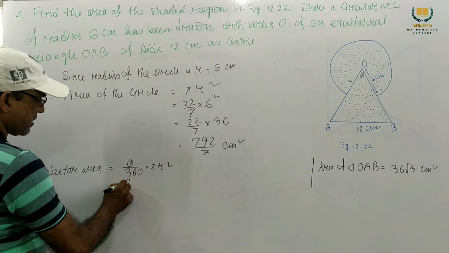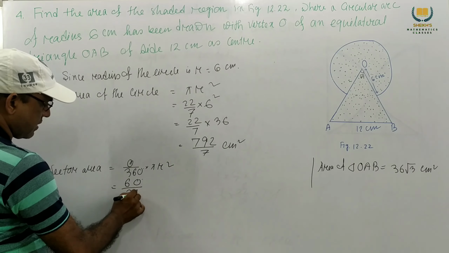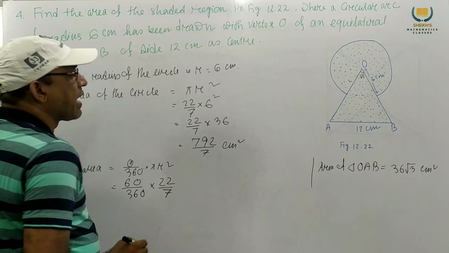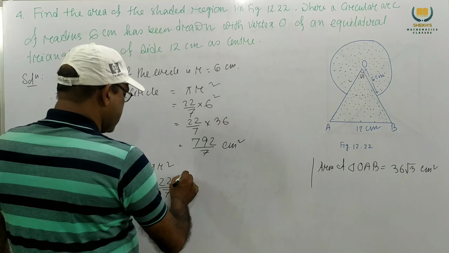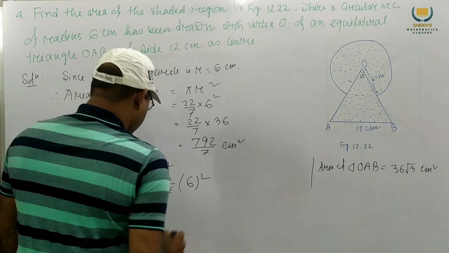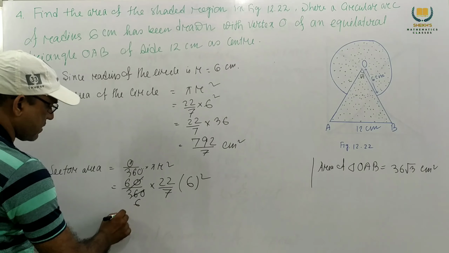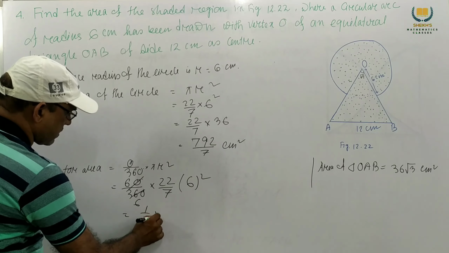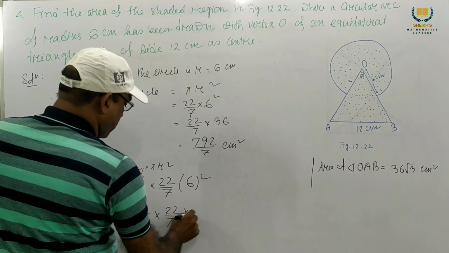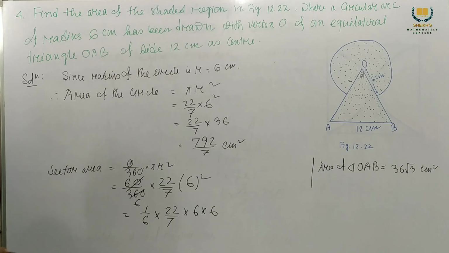Theta means 60, 360, pi means 22 by 7, and r means 6 square. So this will be 1 by 6 into 22 by 7 into 6 square.